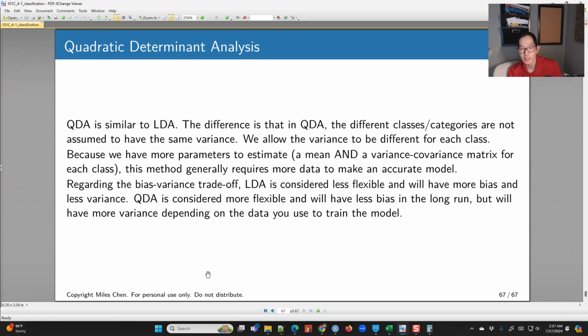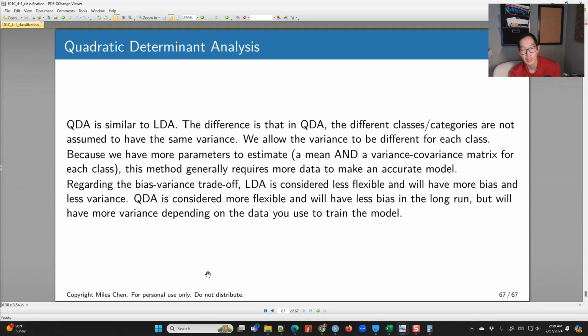Another method is quadratic discriminant analysis, similar to LDA. With QDA, you don't assume all of the classes have similar variance. We allow the variance to be different for each of the classes. In this case, because you have more parameters to estimate, you generally need more data to make an accurate model. As far as the bias-variance trade-off goes, LDA would be considered less flexible, so more bias, less variance.